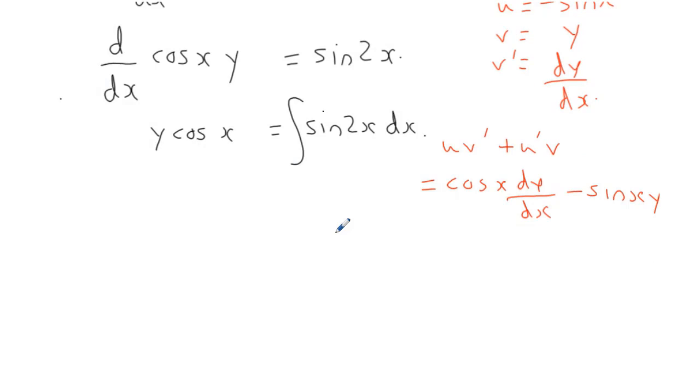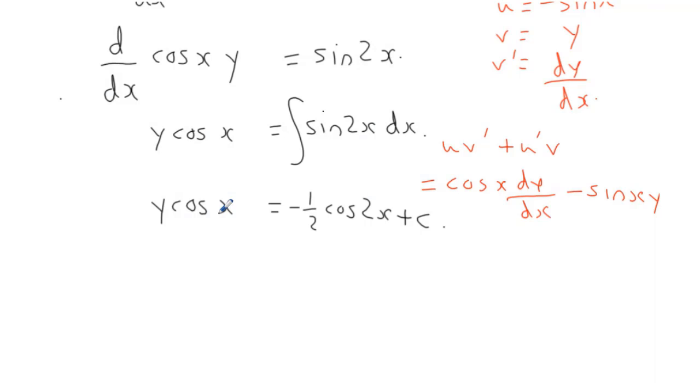You could get a u involved and do the whole thing, or if you've done enough of these, you should know it's going to be minus a half cos 2x plus the constant of integration. If you think about it in reverse, if I differentiated minus cos 2x, that would get me 2 sine 2x. So I'm going to need the half to make sure I only get 1 sine 2x. And that is y cos x.